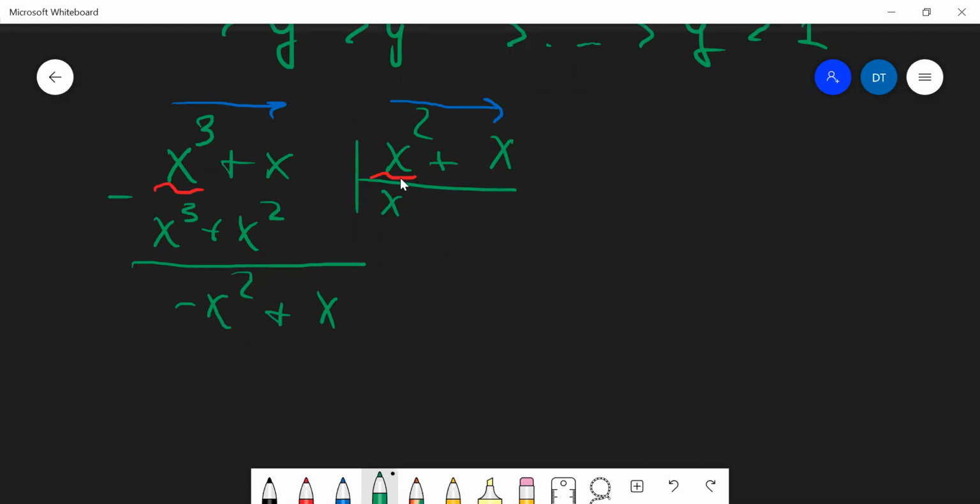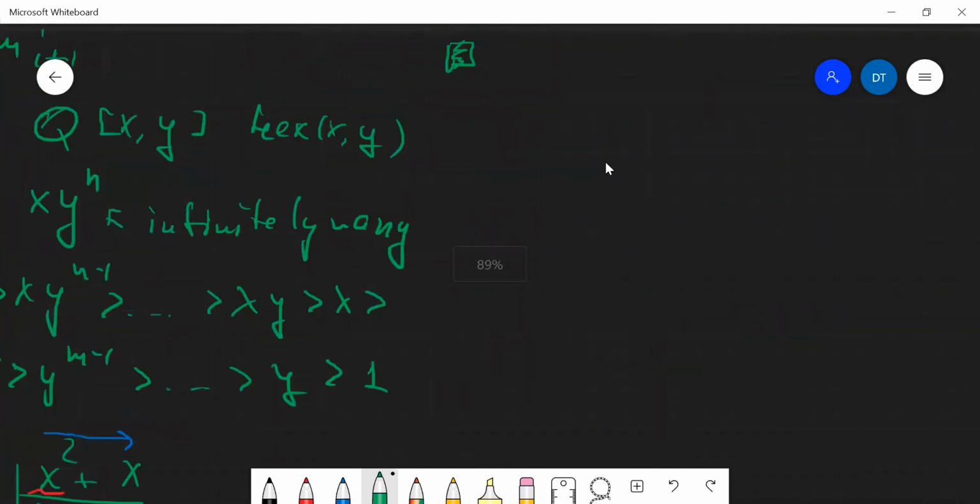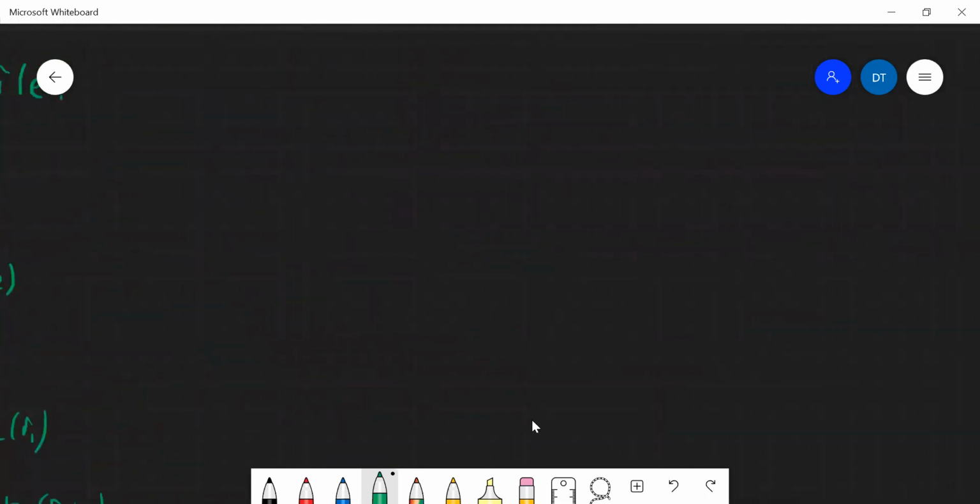Then we have this notion of leading monomial, and then we should repeat a procedure similar to this one. Okay, but let's do one step at a time. Reduction.